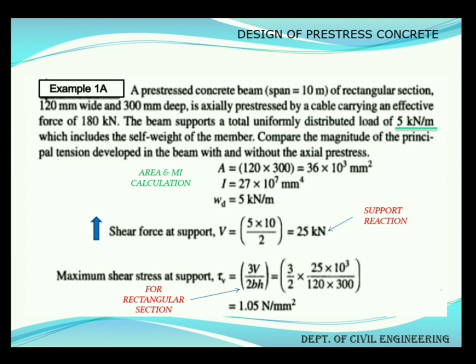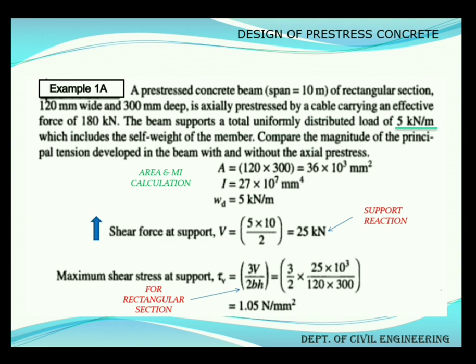A pre-stressed concrete beam of span 10 meters has a rectangular section 120 by 300. It is axially pre-stressed by an effective force of 180 kilonewton. Here 180 kilonewton becomes the pre-stressing force. The beam supports a uniform load, that is a UDL of 5 kilonewton per meter, which includes the self weight, meaning we need not compute the self weight again.